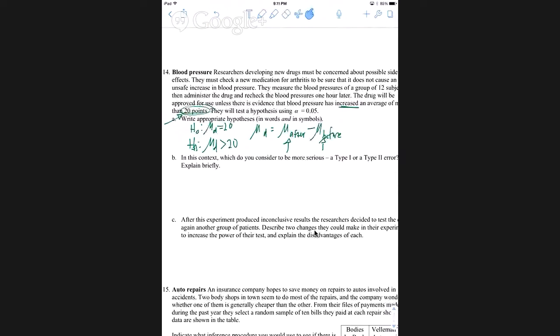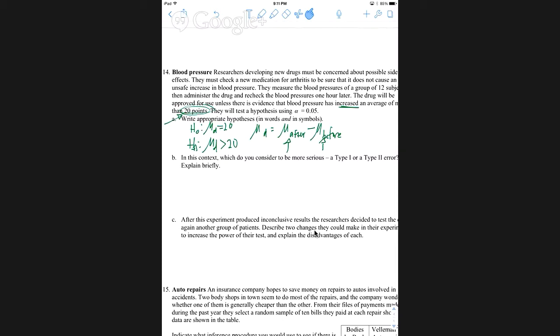So what's going to happen if that happens? If the null hypothesis is true and we reject it, then I've got them backwards, by the way, guys. That's type 1. So let's talk about type 1.